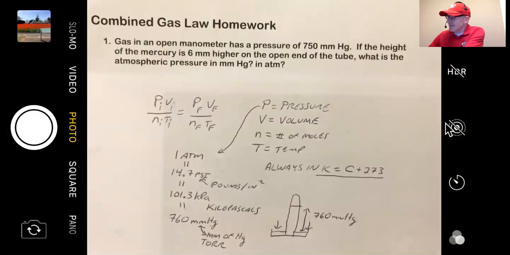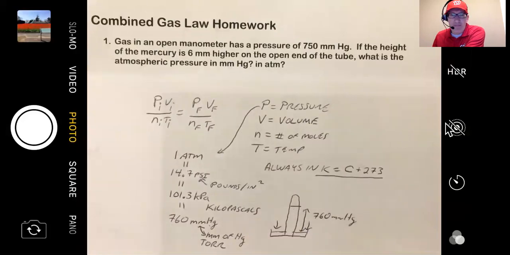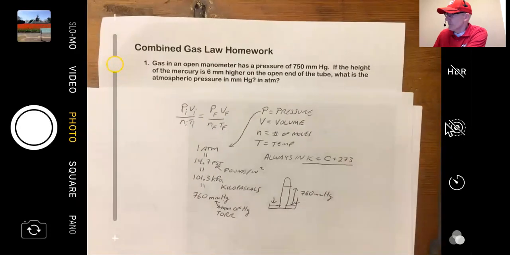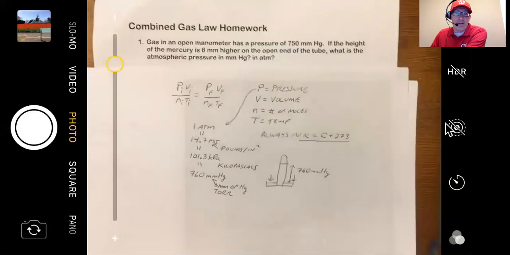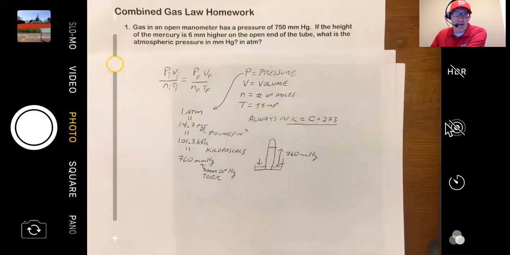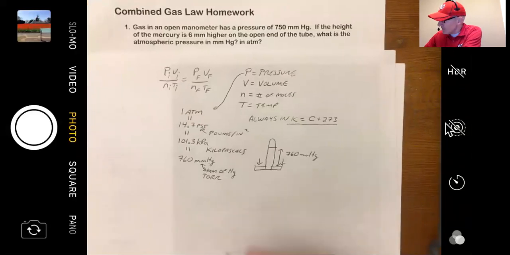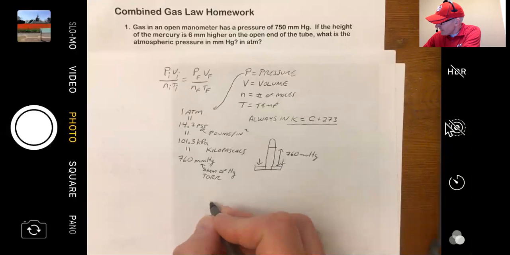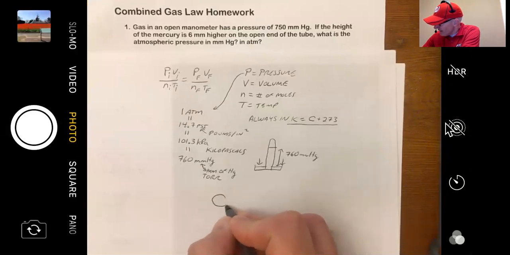So I've got gas in an open manometer at a pressure of 750 millimeters of mercury. Let's see if I can zoom out just a little bit, get a little more space here. Now here's what we have in an open manometer. I've got some sort of chamber, and this is where my gas is.